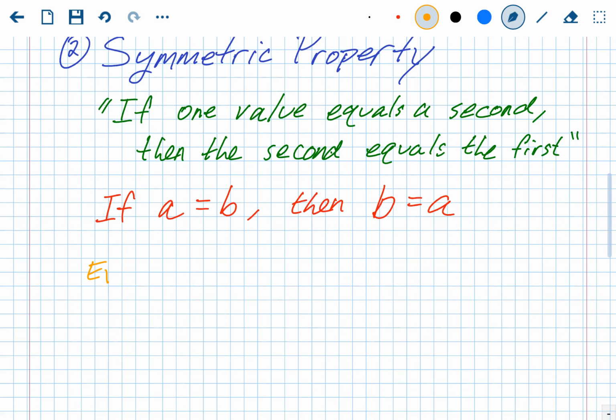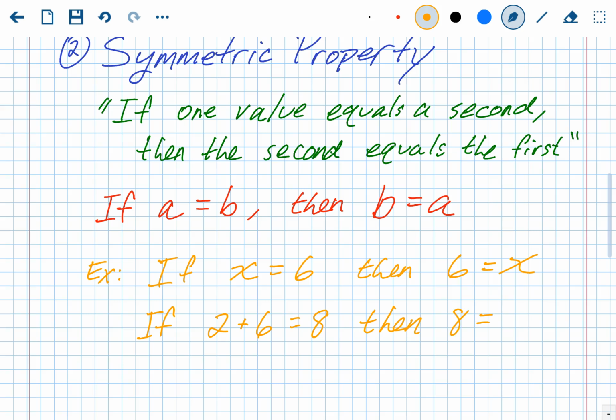In this example, we'd say that if 2 plus 6 equals 8, then 8 equals 2 plus 6. Or if x equals 6, then 6 equals x.